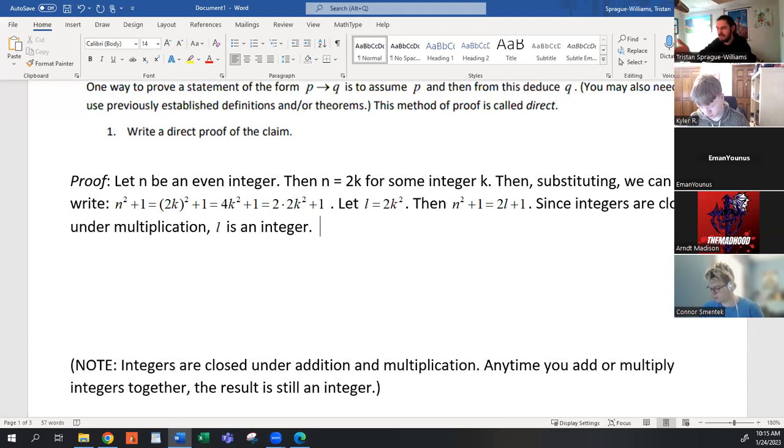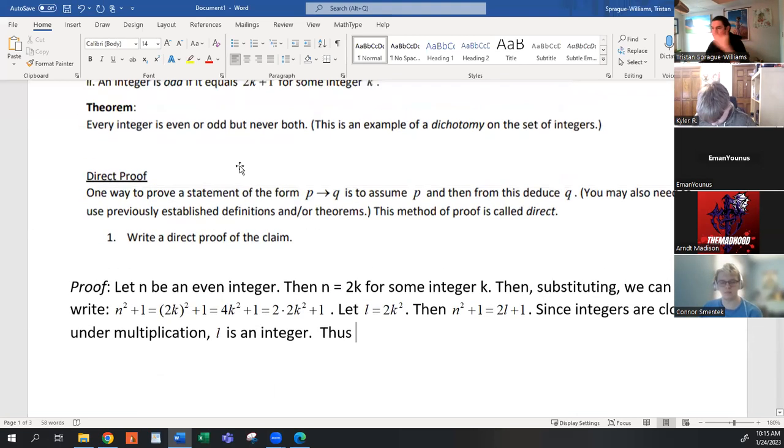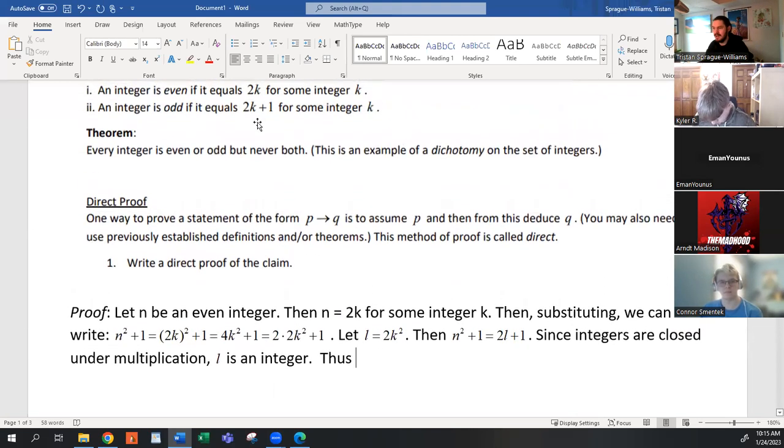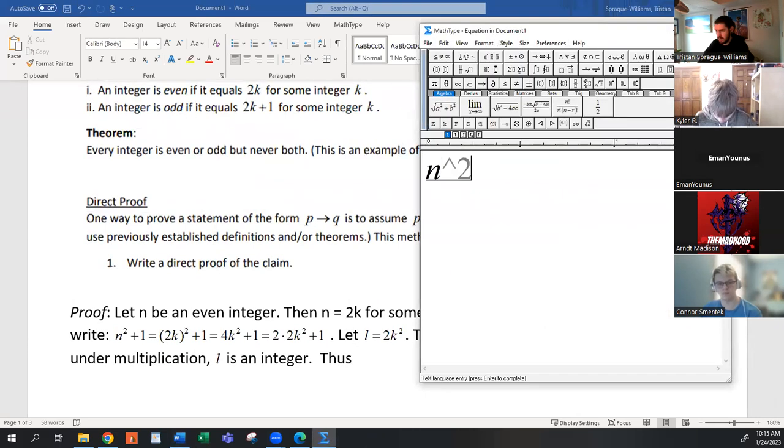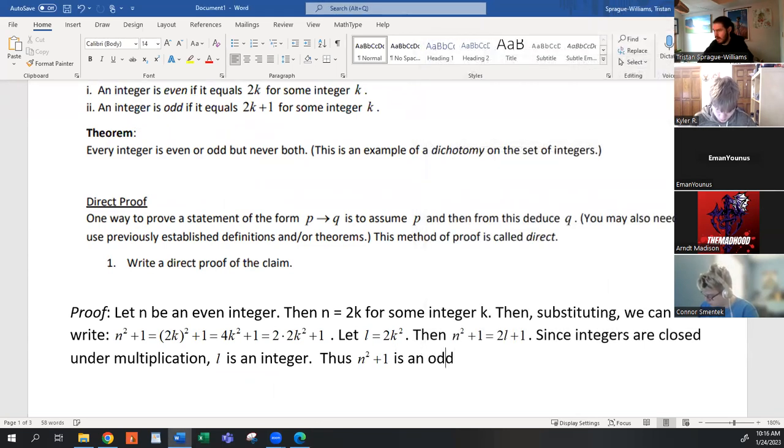So what we've done here now is we have written n squared plus 1 in the format 2 times an integer plus 1, which is by definition an odd integer. So I can write thus n squared plus 1 is an odd integer.